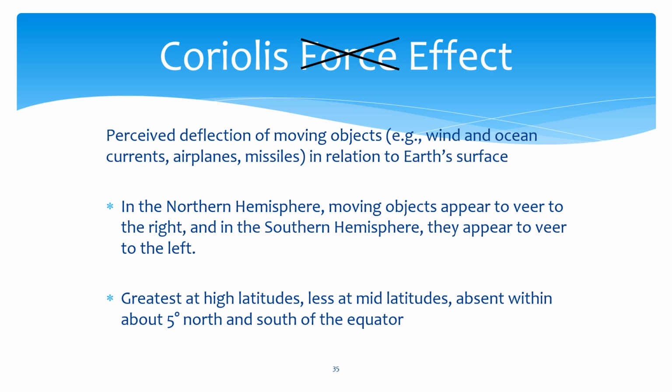You also need to know that it is strongest at the high latitudes, and the effect becomes less pronounced at mid-latitudes, and really there's no Coriolis force whatsoever to be noticed between 5 degrees north and south of the equator. At the equator, there's basically nothing.